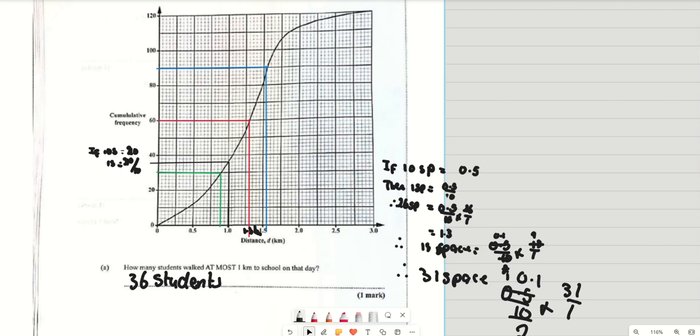So if we know the total, 1.5 is actually 80. We could, let me, not 80, 82. Right, I'll use a dotted line. So 1.5 is going straight up like this.